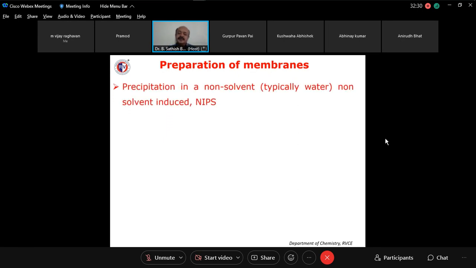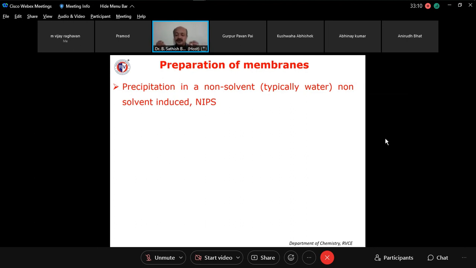So there are several methods for the preparation of membranes. So the first method is non-solvent induced method, with the non-solvent typically water. This is also called as the NIPS method. What is the difference here is we are using water not for dissolving this polymer, but to remove the organic solvent.